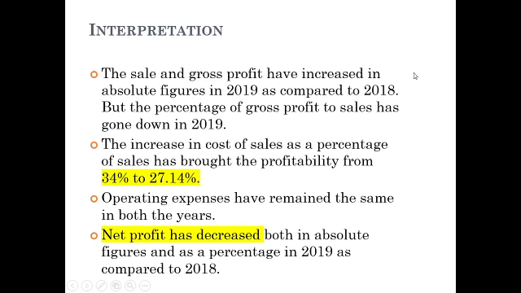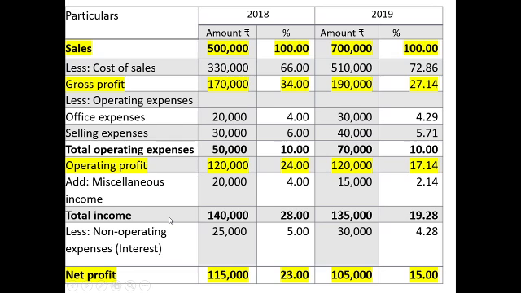And second observation, profitability is reduced, that already we explained. Operating expenses have remained the same in both the years. So if you see that operating expenses is 10% on sales, here also 10% on sales, but operating profit is declined in 2019 because of the effect of your gross profit.